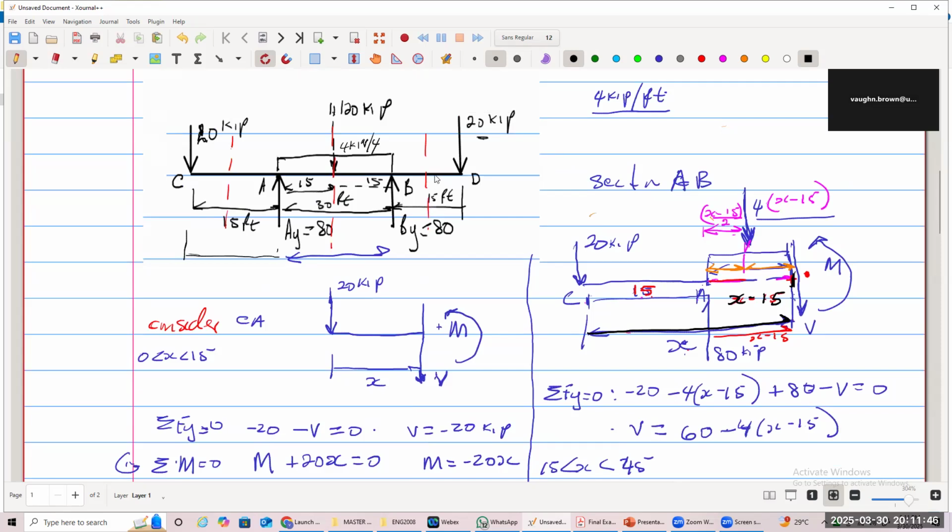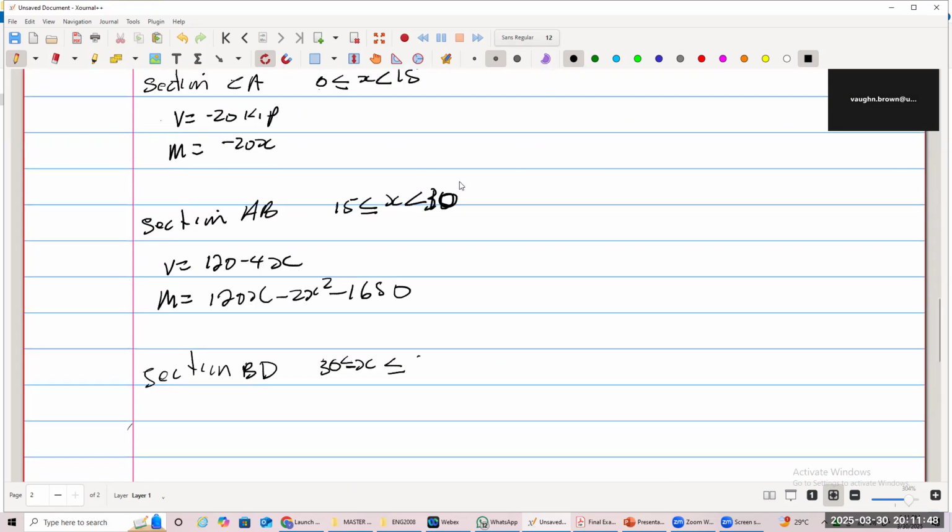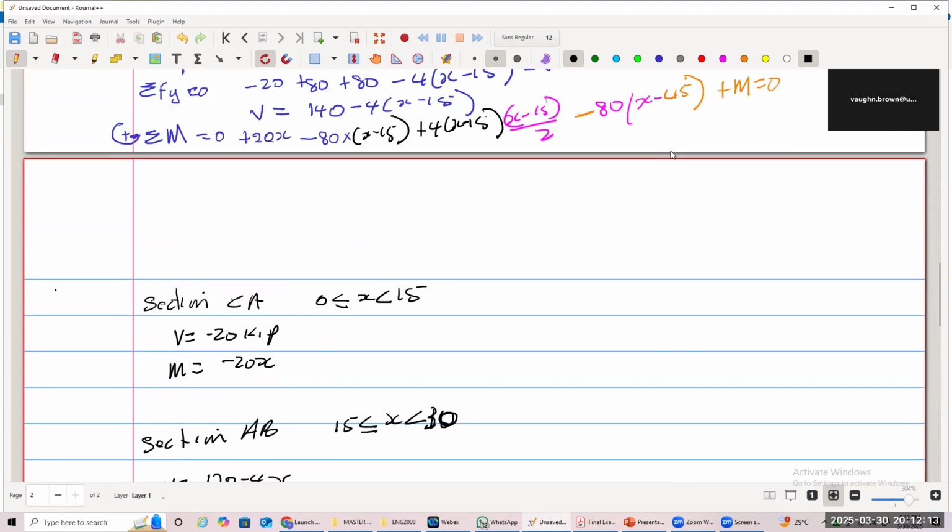Up here says 45. It was BD. So it's 45. Let me correct that. So it's 45 to 60.